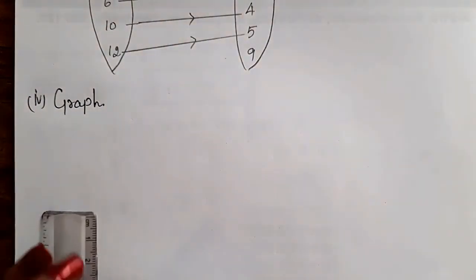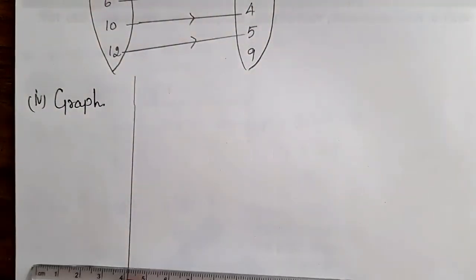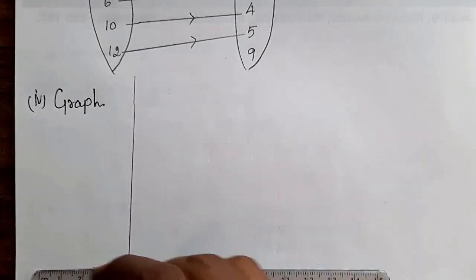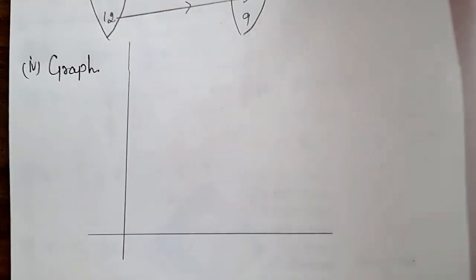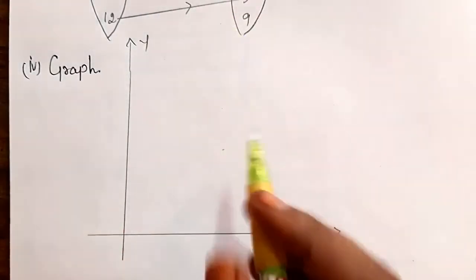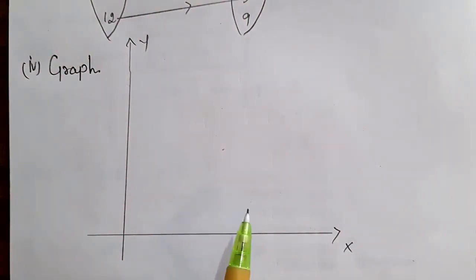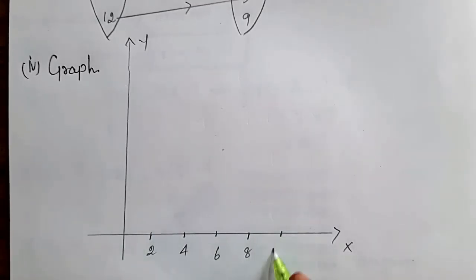To draw the graph, you draw the x-axis and y-axis. The x-axis values are 2, 4, 10, 12, so I can take two values: 2, 4, 6, 8, 10, 12.